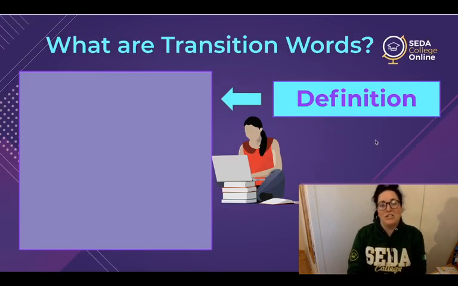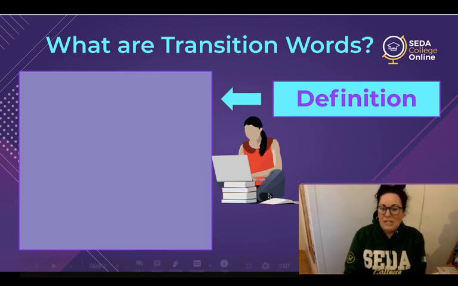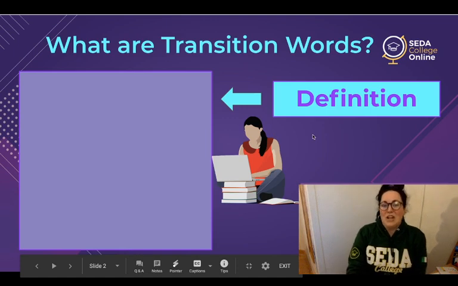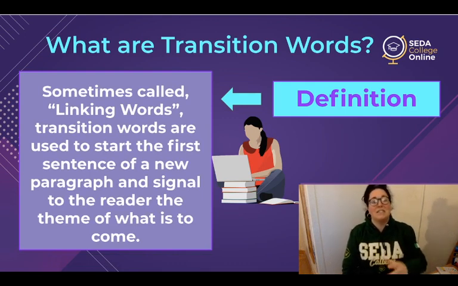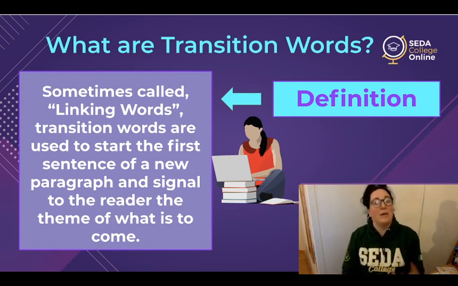Okay, what are transition words? Just another quick definition for you. You can see a college student here, much like yourself, studying and using lots of books and maybe writing a paper on their laptop. Definition of transition words: sometimes called linking words, like I just said, transition words are used to start the first sentence of a new paragraph and signal to the reader the theme of what is to come.